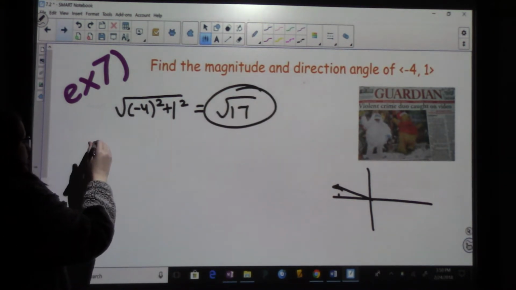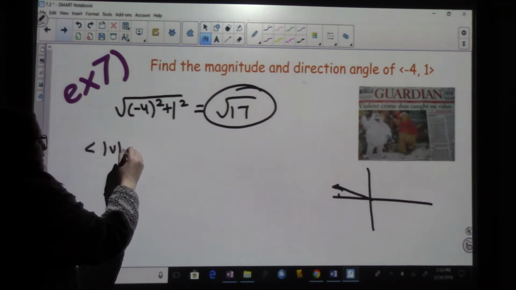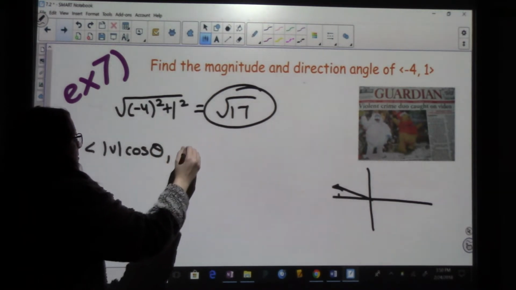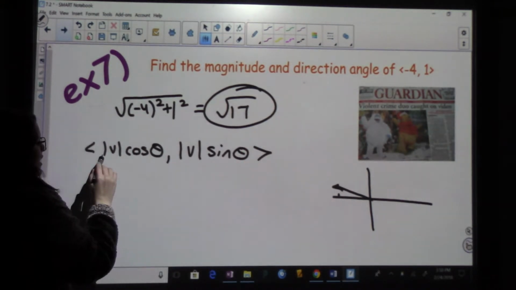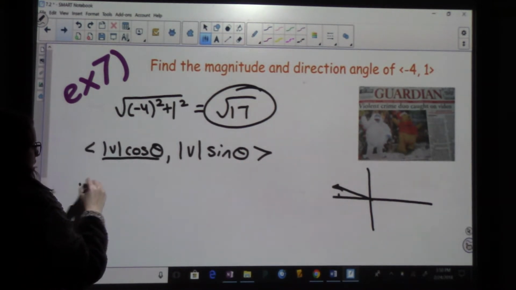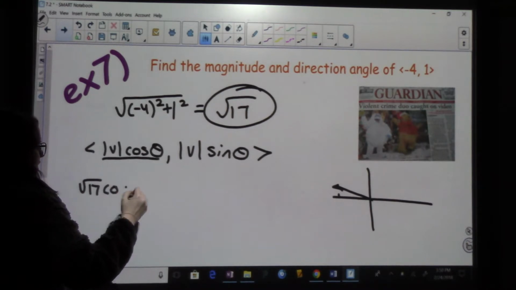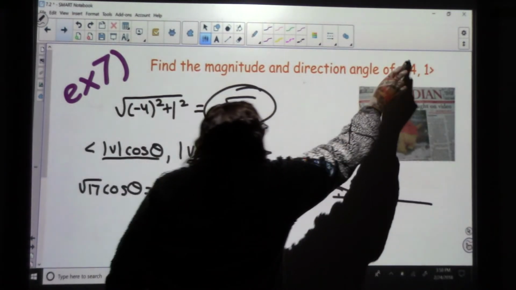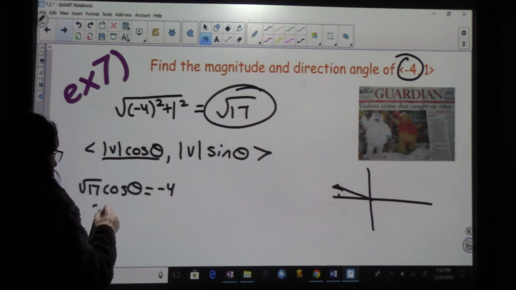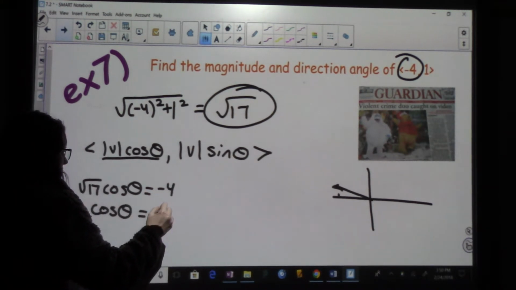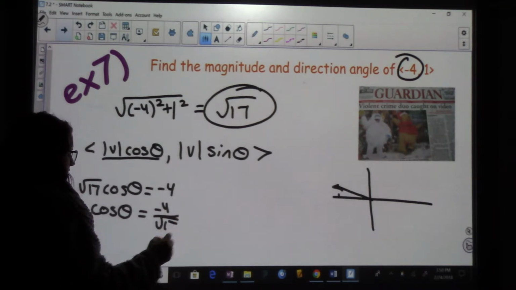And let's start by doing my component form. Remember, it's magnitude of v cosine theta, magnitude of v sine theta. So I know that square root of 17 cosine theta should equal my I term, which is negative 4. So cosine of theta is negative 4 over square root of 17.